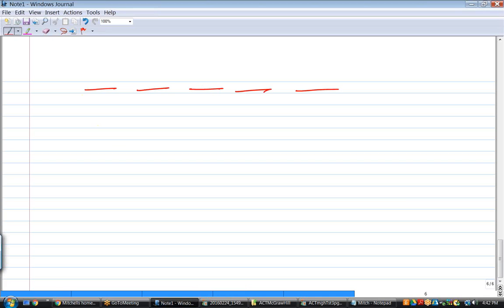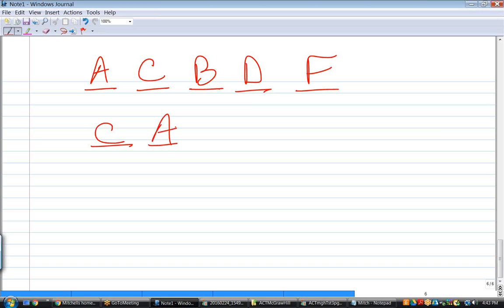I'll call them A, B, C, D, E, F. Well, if A is sitting there, C is sitting there, B is sitting there, D is sitting there, F is sitting there, that's a different arrangement than if I sit C there and A there. This, and B, D, F. So order matters very much.